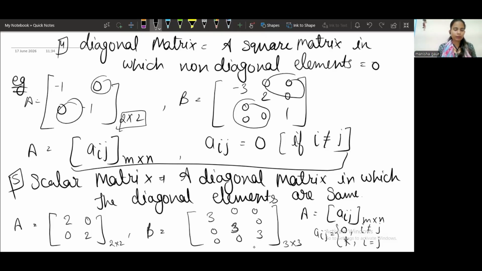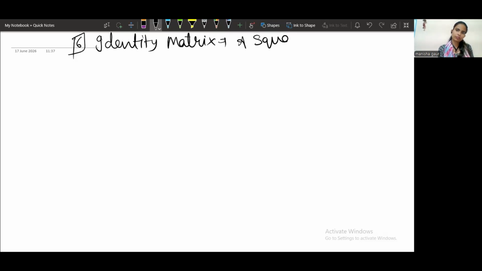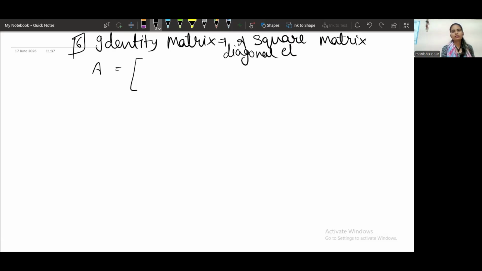Our next type is the identity matrix. In an identity matrix, we take a square matrix in which the diagonal elements will be 1.